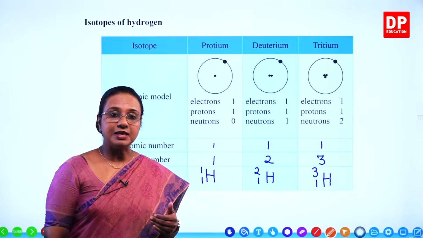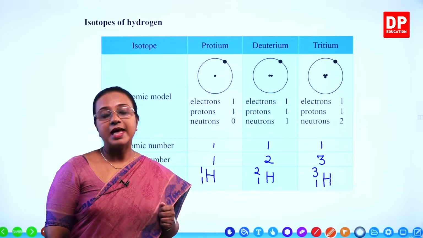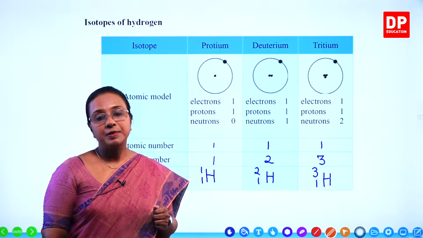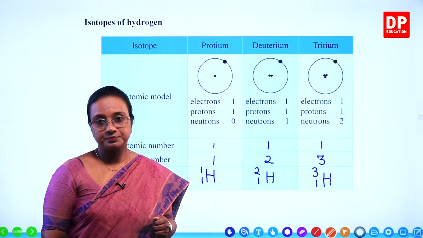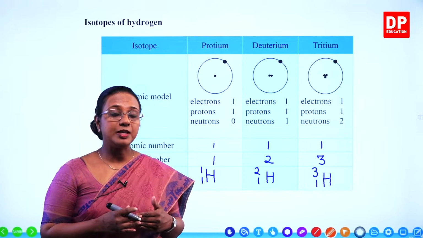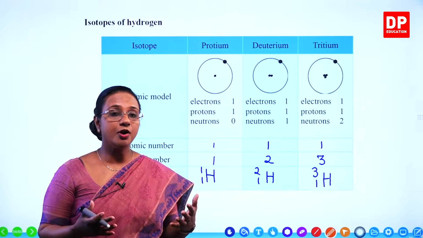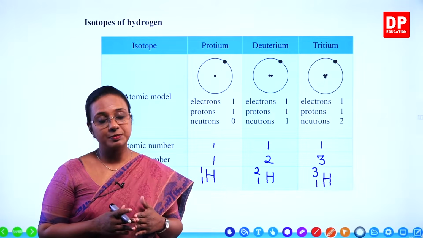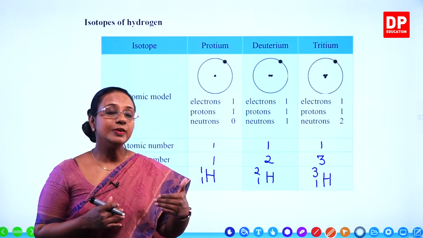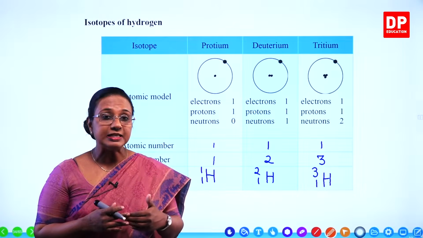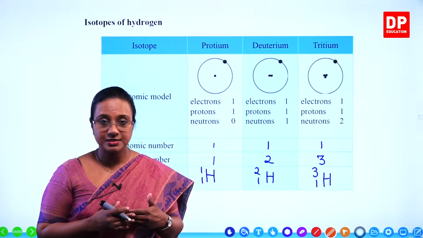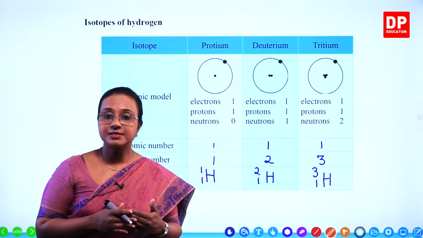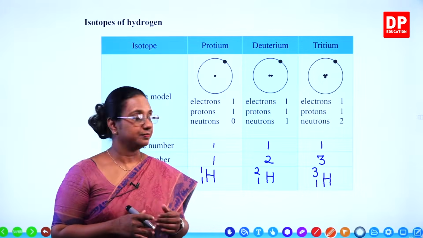Now we will see some patterns that are seen in the periodic table. When we discussed the periodic table, I told you all that when elements are arranged into the periodic table, you will see similarities and patterns. First, we will discuss the patterns.